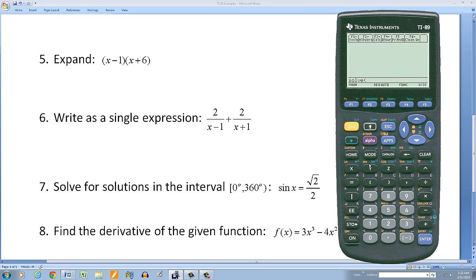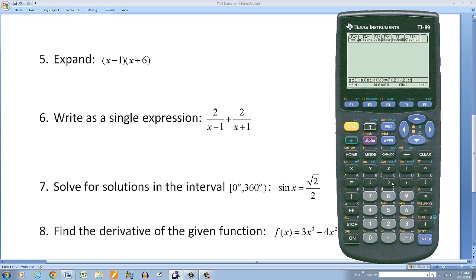So this is going to be sine, I need the sine function, so this will be second, and here's my sine right there, sine of x, close parentheses, is equal to, and then square root of 2. So second, there's my square root here, 2, close parentheses, divide by 2. And then this is going to be comma x, and then I close parentheses.